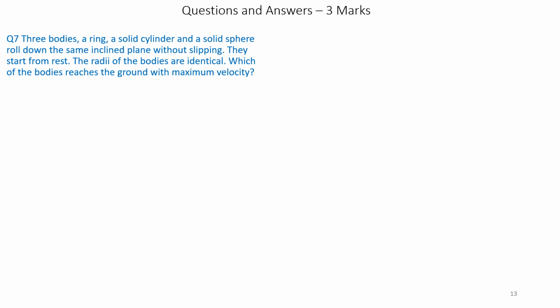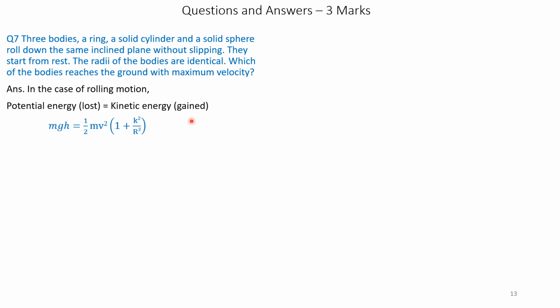Next question. Three bodies, a ring, a solid cylinder, and a solid sphere, roll down the same inclined plane without slipping. They start from rest. The radii of the bodies are identical. Which of the bodies reach the ground with maximum velocity? In the case of rolling motion, the potential energy lost is equal to the kinetic energy gained.